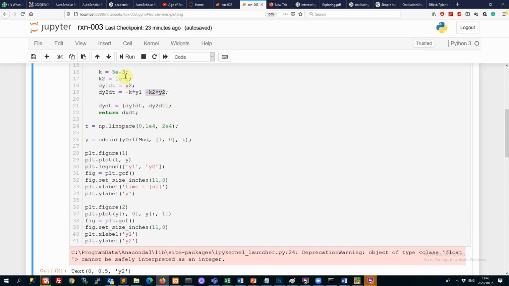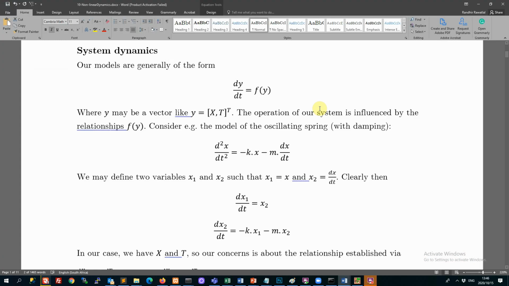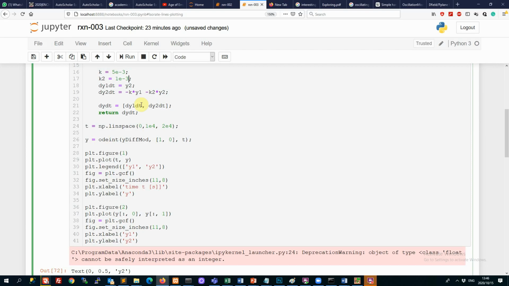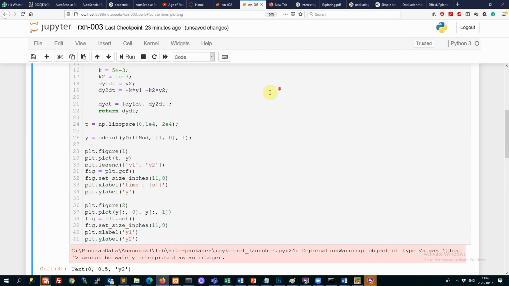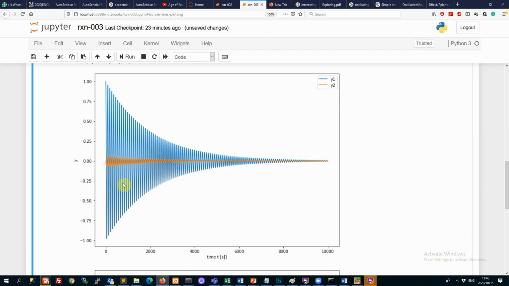And now let's reduce the friction further. Let's go down to 10 to the minus 3 now. Again, this term is the friction term, so we are reducing the friction coefficient here. We are using quite a low coefficient, and if we run this, now we can see the spring is actually oscillating quite a bit around its rest state.